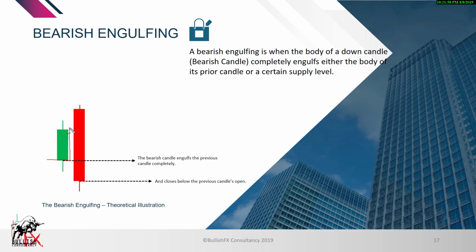Like in this case, this whole candle is engulfed by this guy and closes below the previous candle. That's the illustration of a bearish engulf. So that's what a bearish engulfing looks like.